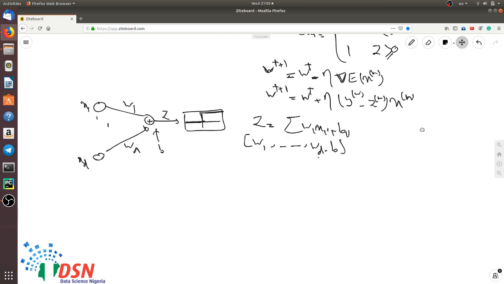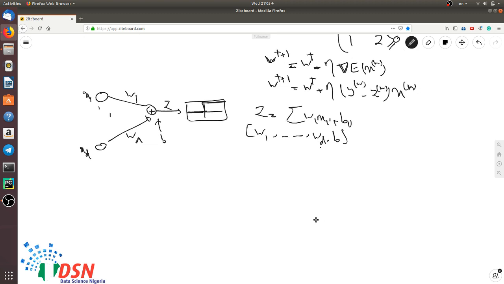The learning problem in perceptron is that we want to find a hyperplane that perfectly separates the two groups of points. So let's say we have two groups of points with labels y equal to 1 and -1.